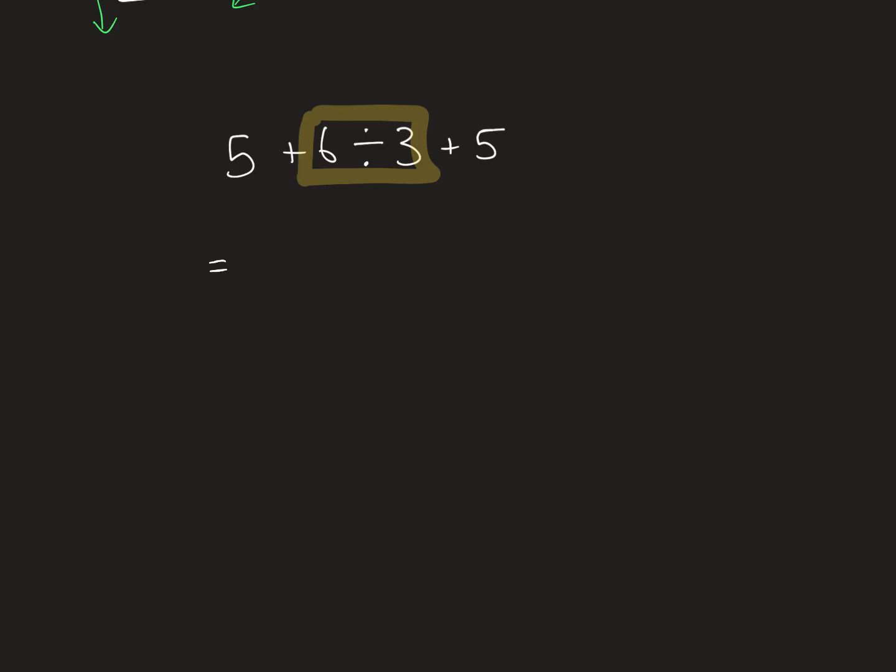So I have my equal sign, I go 5 plus, and then I solve 6 divided by 3. That gets me 2, and I leave everything else the same outside. Now I solve the next term: 5 plus 2 gets me 7. Everything outside the box stays the same. And then I have my final set: 7 plus 5 gets me 12.